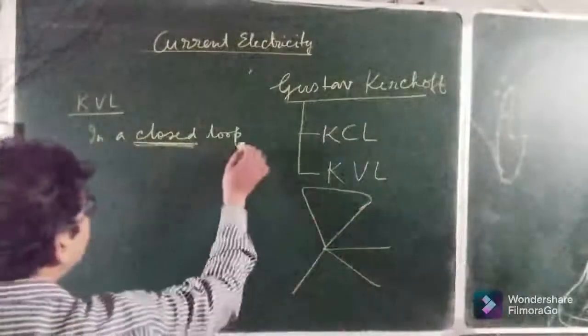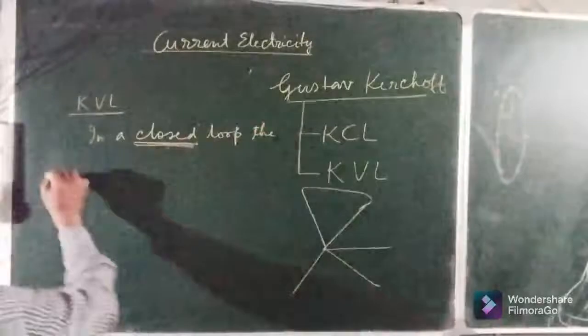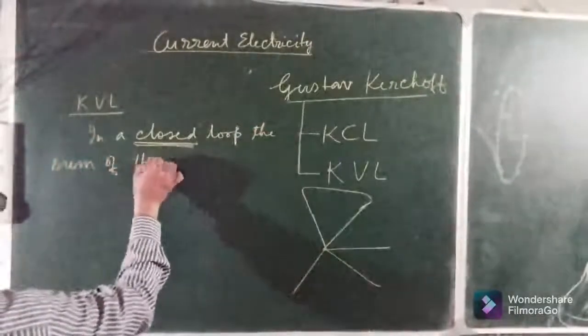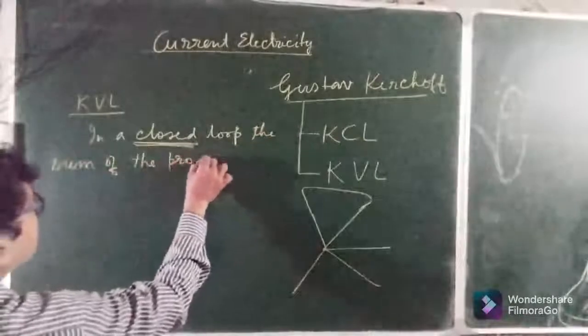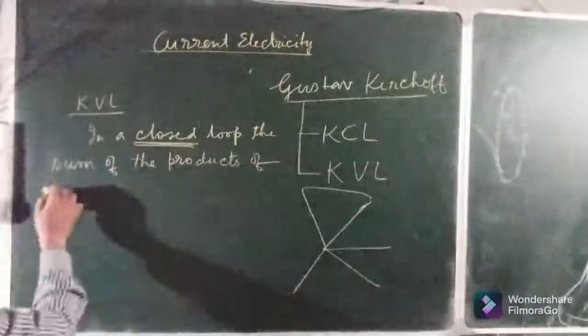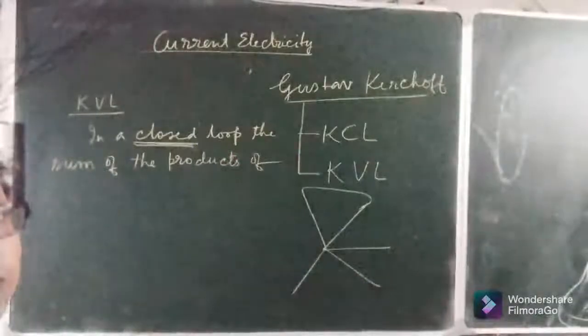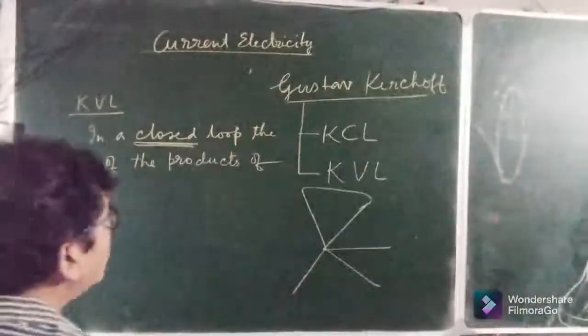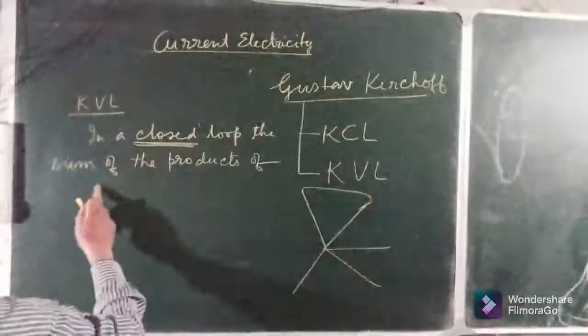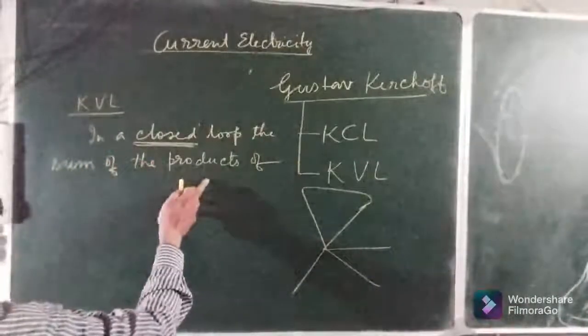In a closed loop, the sum of the products of, there are various resistances in the circuit, so we have to take those resistances into consideration.